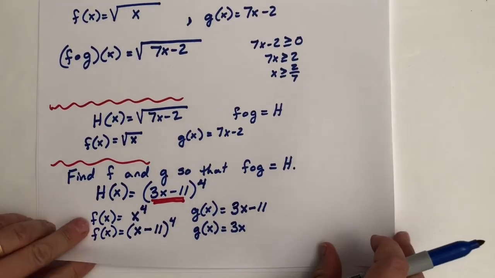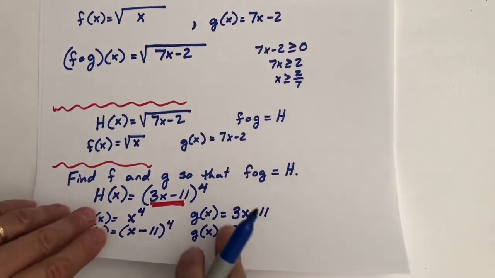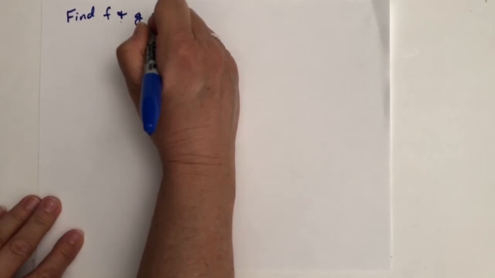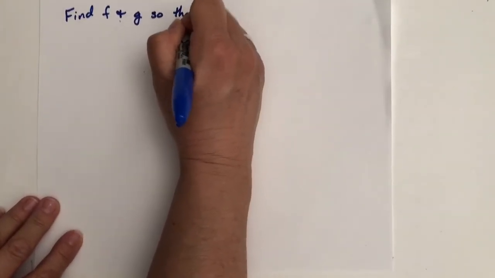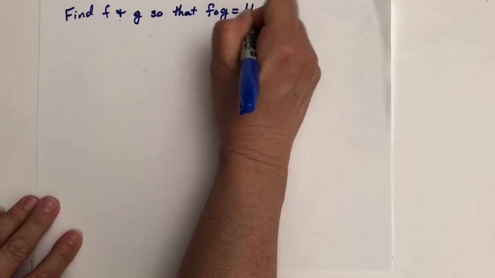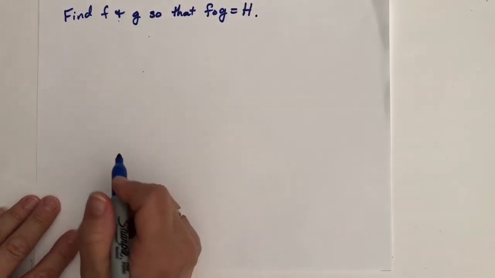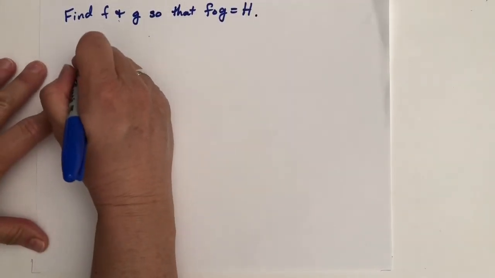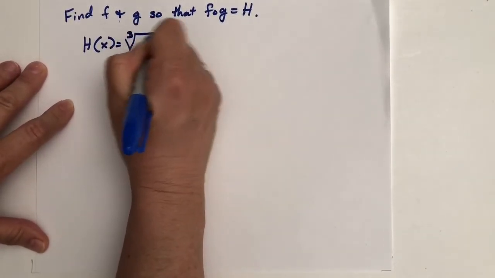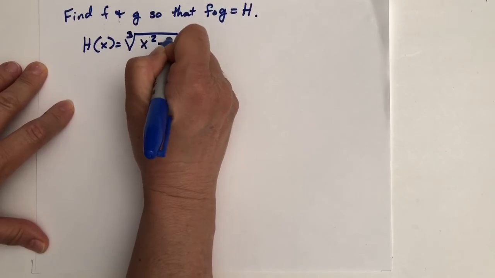Let's do another one where we're going to decompose the function. So the directions again will be find f and g so that f composed with g equals h. And this time I'm going to let h of x equal the cube root of x squared minus 2.